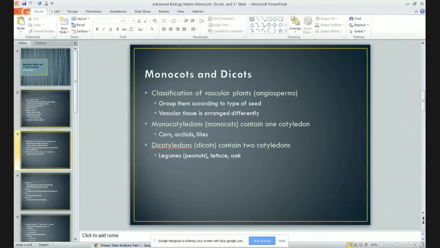With your dicotyledons, you're going to have two cotyledons. So your legumes, your beans, and those in the peanut family. Think about your peanut when you open it up. There's two halves of that peanut. One side is a cotyledon and the other side is a cotyledon.